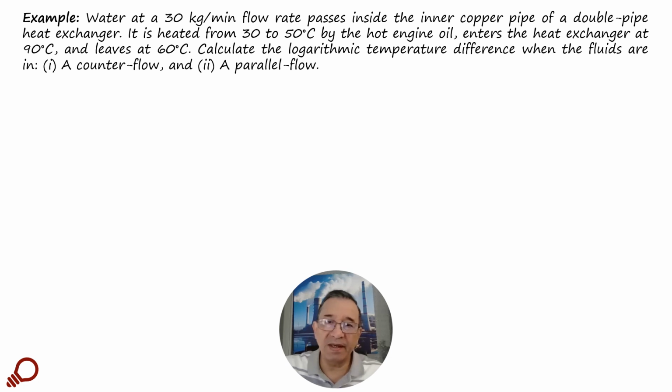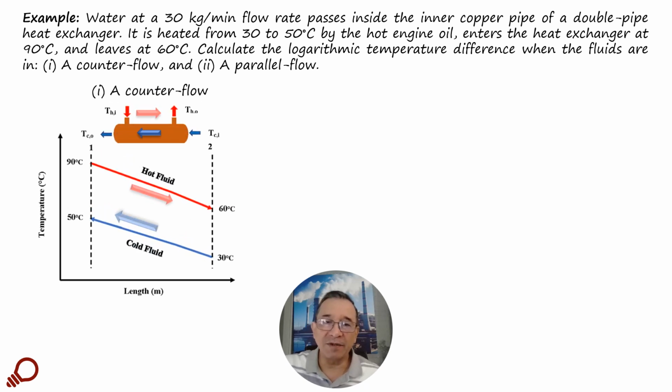And let us put a question about the difference between the logarithmic temperature difference in the case of the counterflow and the parallel flow arrangements. In the counterflow, the engine oil enters at 90 and leaves at 60, and the cooling water enters at 30 and leaves at 50 Celsius.